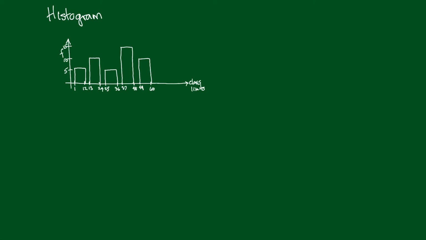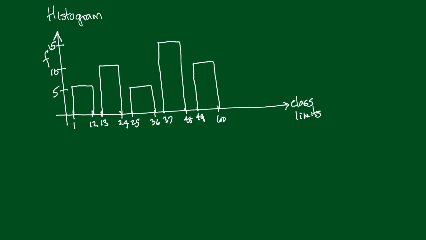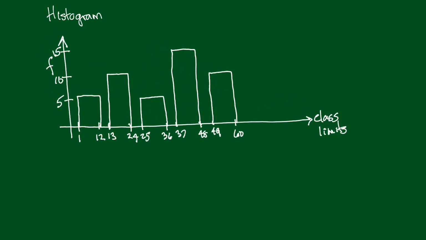I'm going to take this histogram, just enlarge it a little bit. And what I want to do is pull these bars so they're right next to each other. And I'm just going to split the difference.